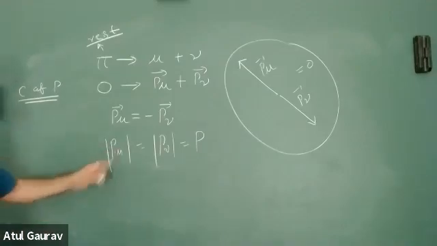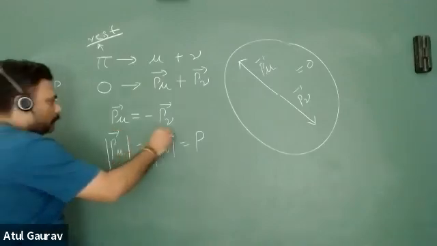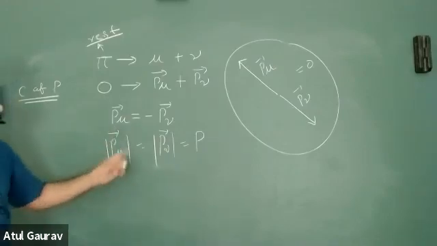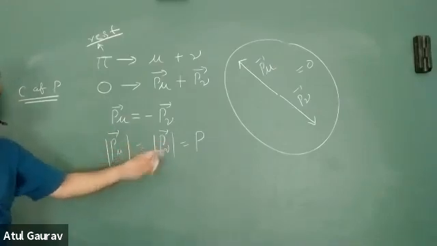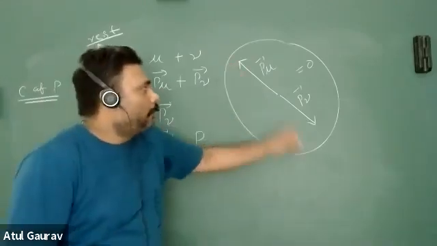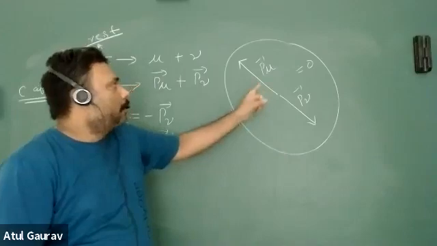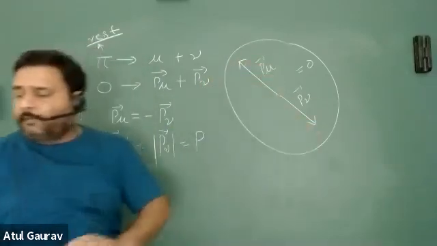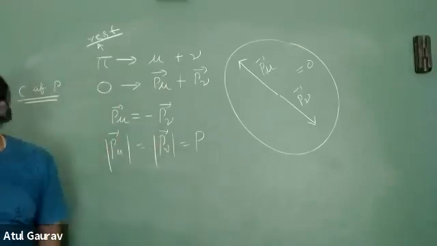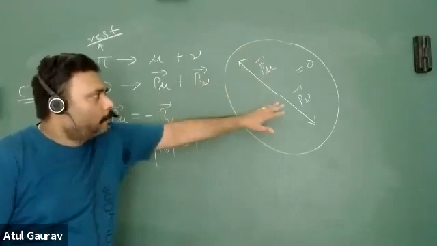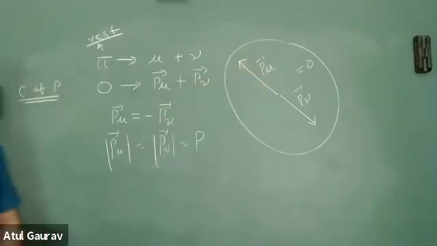So you can have this particular thing. The magnitude of momentum of muon must be equal to the magnitude of momentum of neutrino. Please mind it, they both will go in opposite directions because they must conserve the momentum. If both go in the same direction, their momentum can never be 0. The momentum will be 0 only if both move in opposite directions.